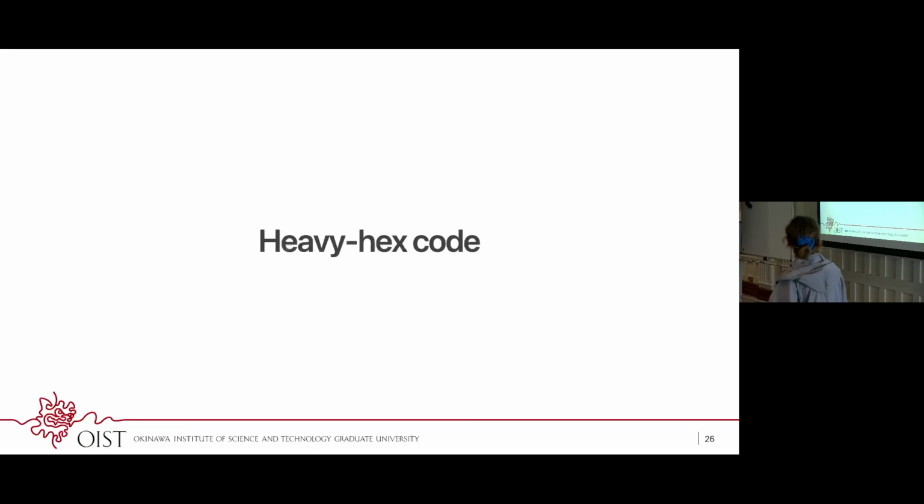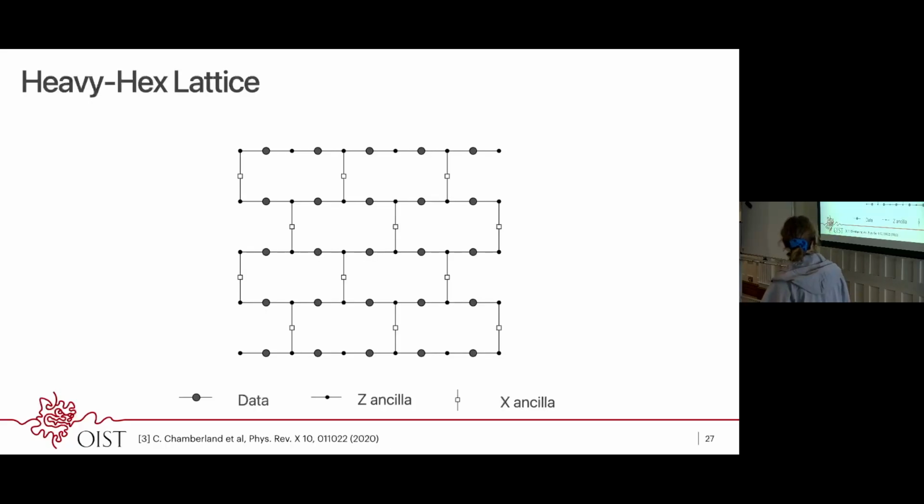So similarly, the heavy hex code actually has a similar problem as the Baking shell code, where the use of large stabilizers increased the impact of the measurement noise and reduced the code performance. So here is a heavy hex lattice. Here, the big black circles represent the data qubits.